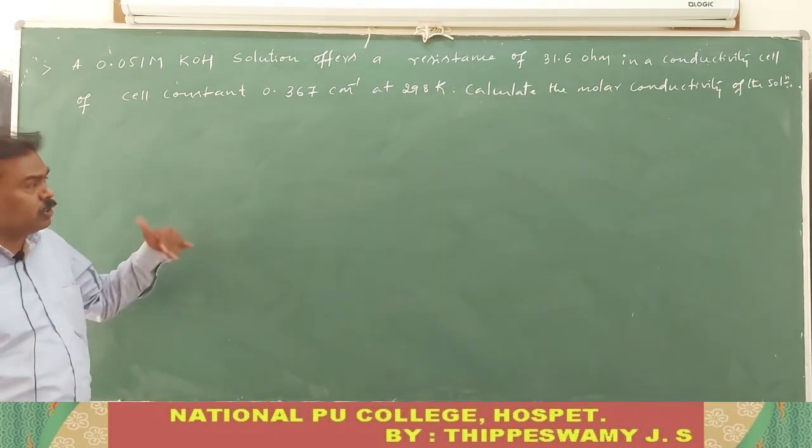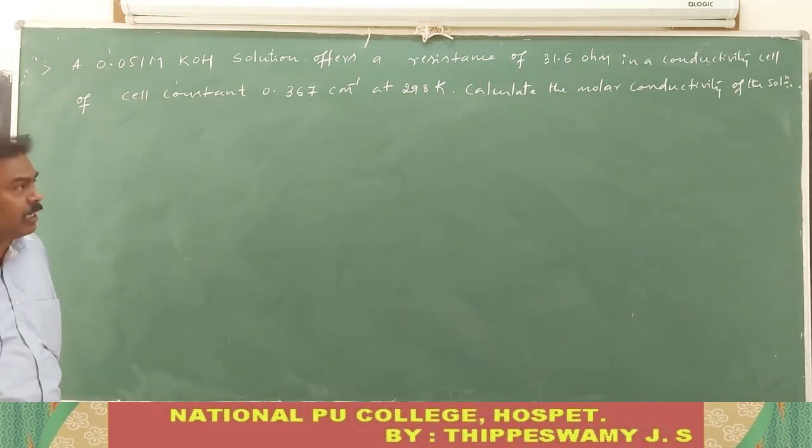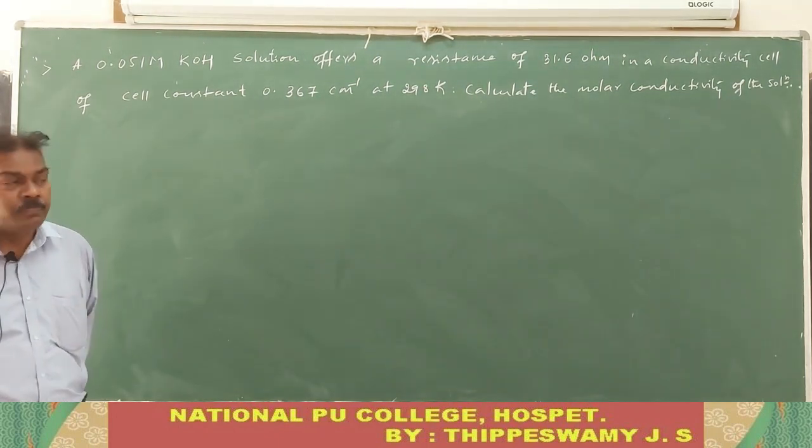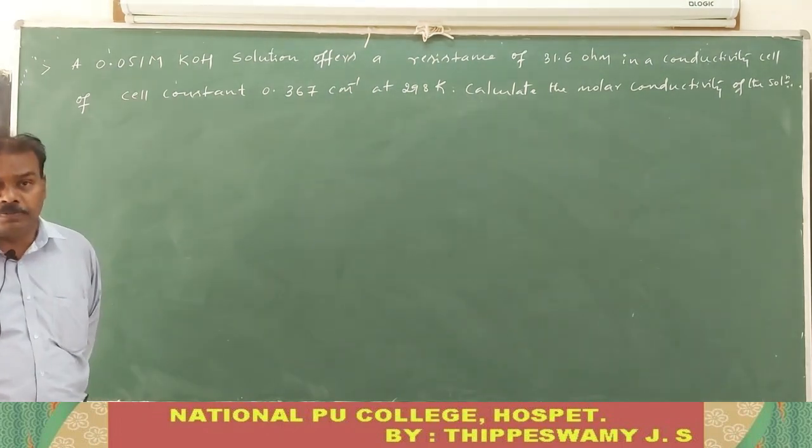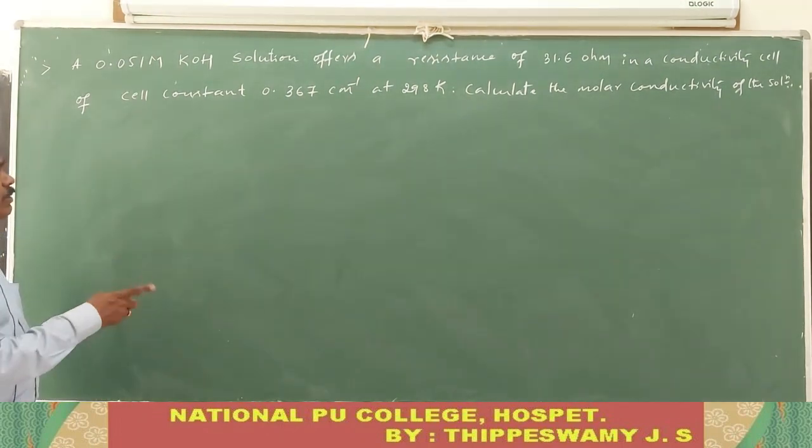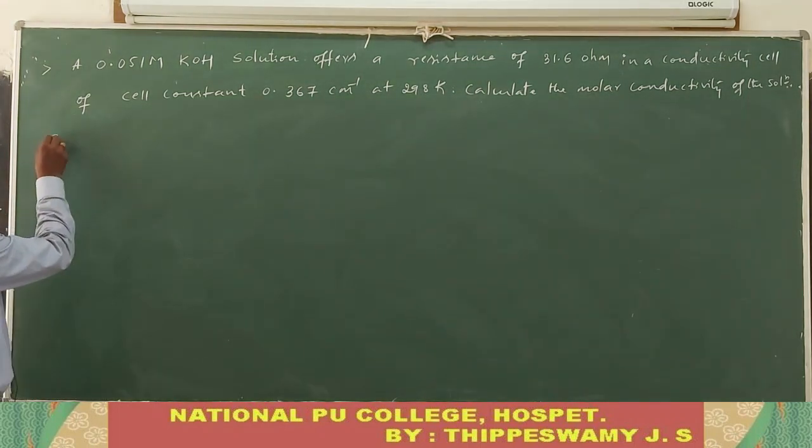Even in the last numerical we calculated specific conductivity by knowing the molar conductivity. What is the relation between the molar conductivity and specific conductivity? Listen carefully, all of you.